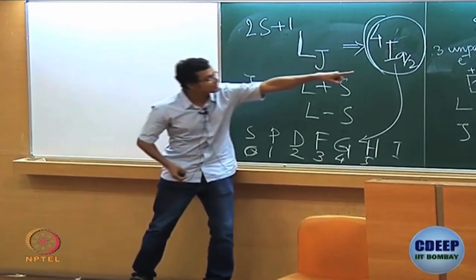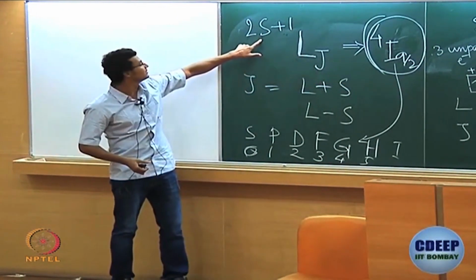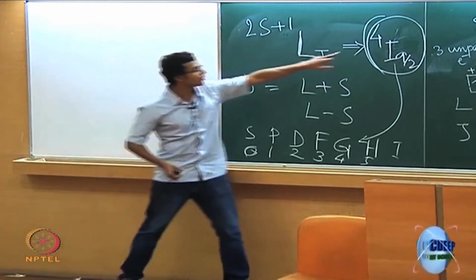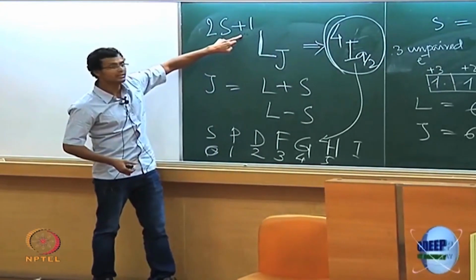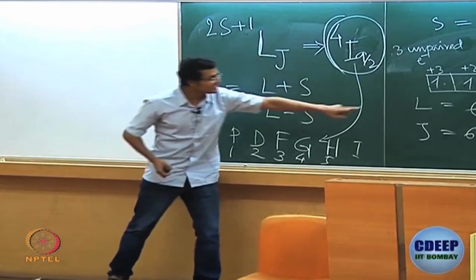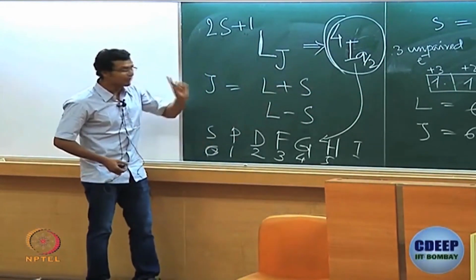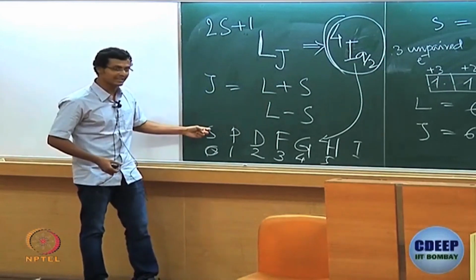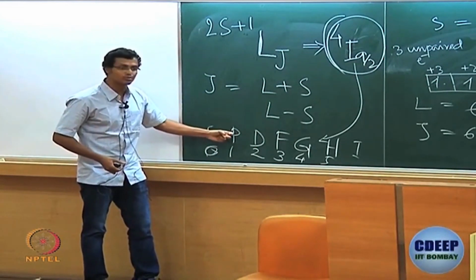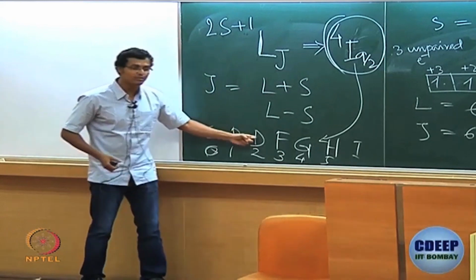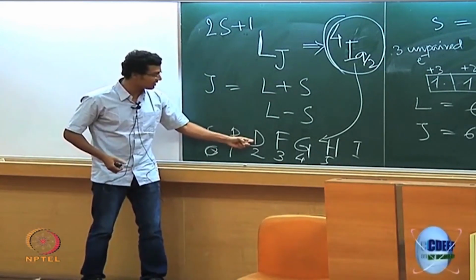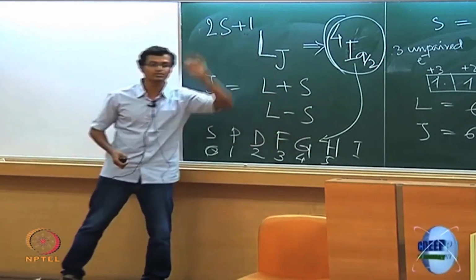Now you are left with just this one, 2S plus 1 L J. 2S plus 1, with S equals 3 by 2, you plug that in, so that becomes 4. L is your 6. If L equals 0, that is S, if L equals 1, that is P, if capital L equals 2, then D, F, G, H, I and so on.